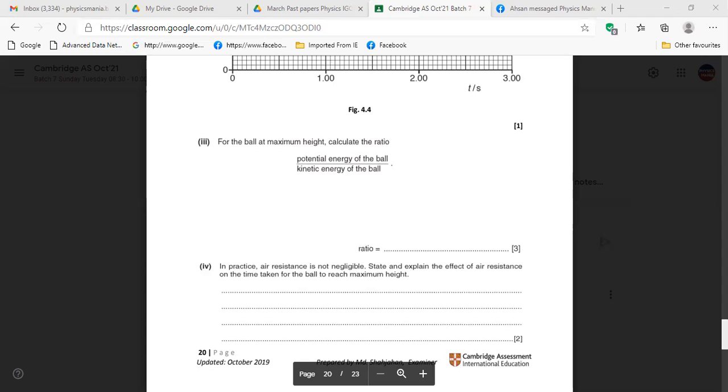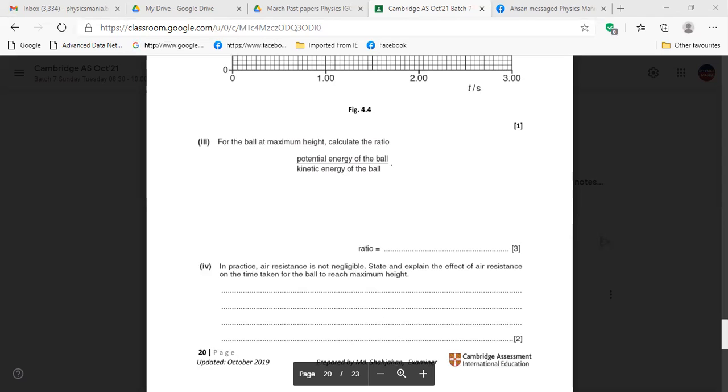Okay. You just told us that the deceleration will be greater, right? Because the air resistance is working more.